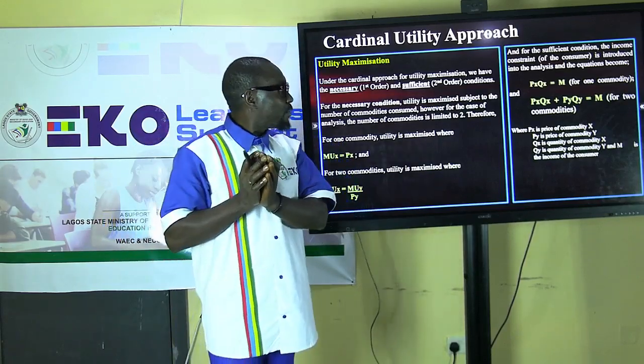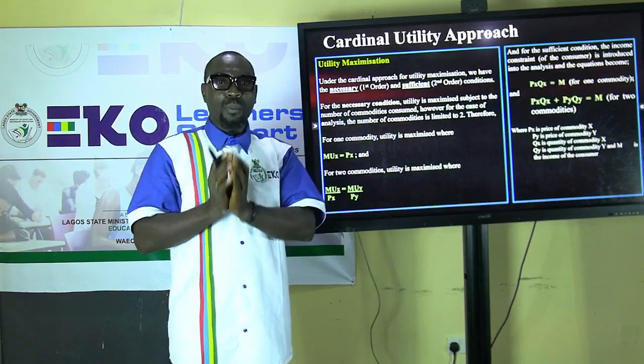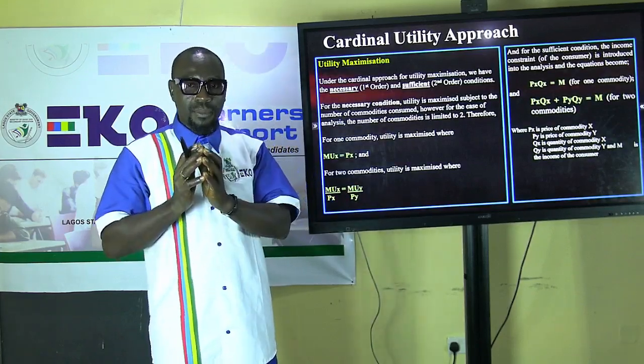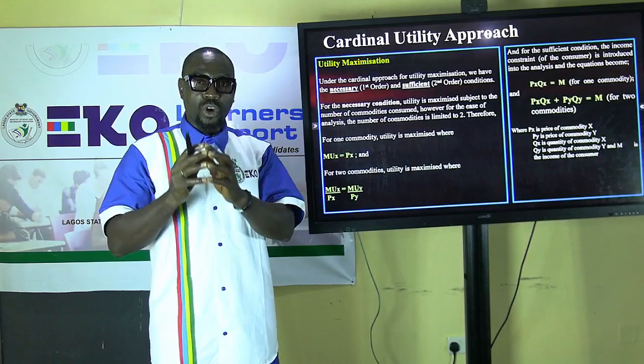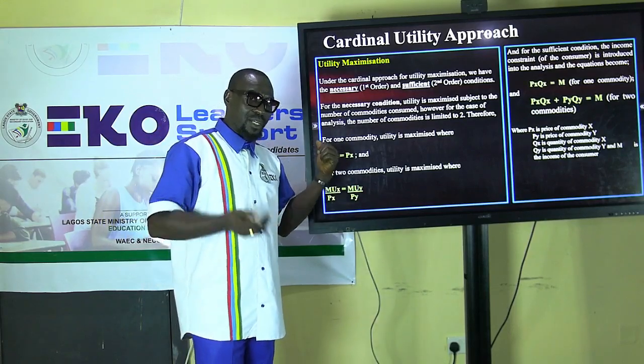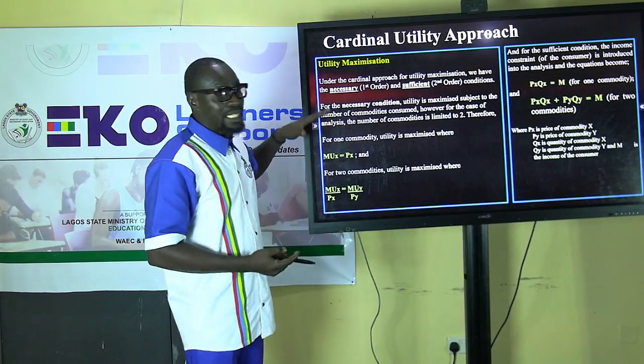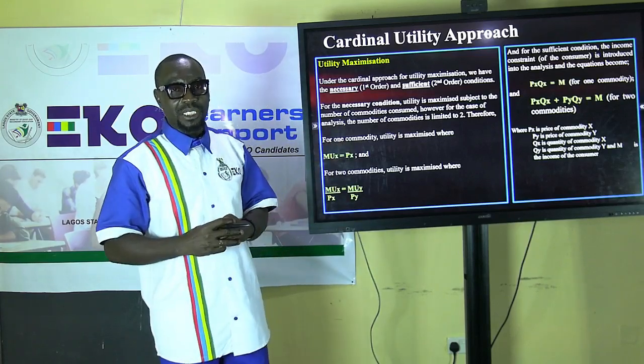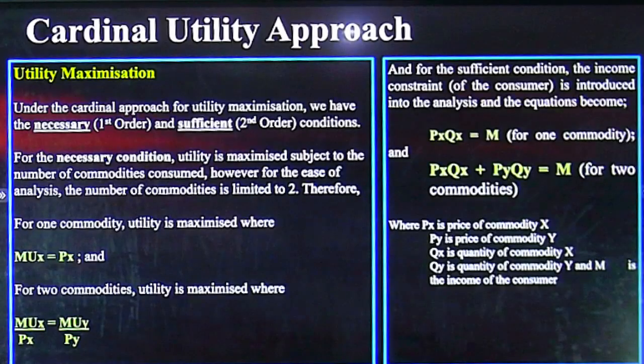So the two conditions that must be in place for utility maximization, or for consumer equilibrium, in a single commodity scenario, is that the price of the commodity must be equal to its marginal utility. And for a two commodity case, the ratio of the marginal utility to the price of one commodity should be equal to the ratio of the marginal utility to the price of the second commodity.